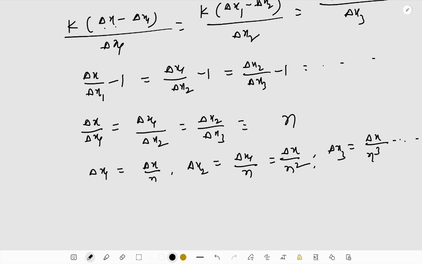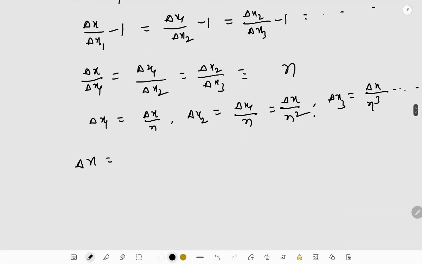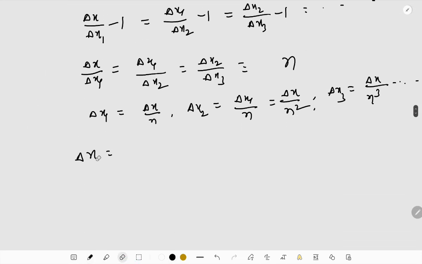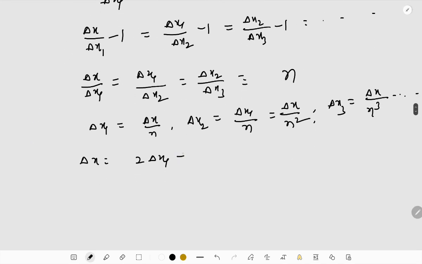So we already have an equation where delta x was equal to 2 delta x1 plus delta x2 plus delta x3, like this. So we can use that equation here, and we can write delta x equal to 2 delta x1 plus delta x2 plus delta x3 plus delta x4, and like this.